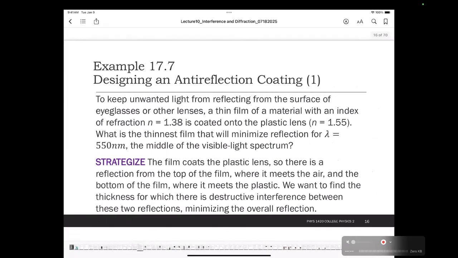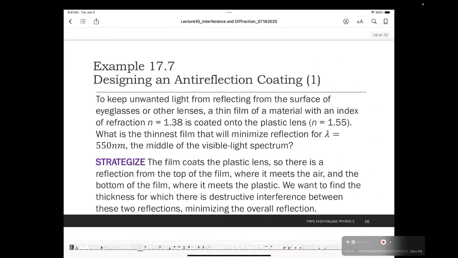Okay, let's talk about one example, example 35.7. Design an anti-reflection coating, to keep unwanted light from reflecting from the surface of eyeglasses or other lenses.